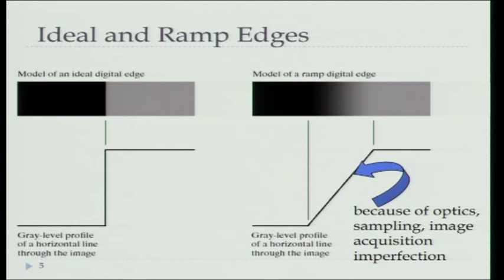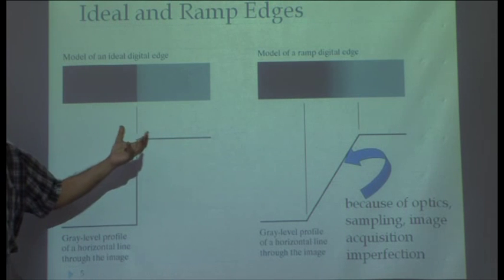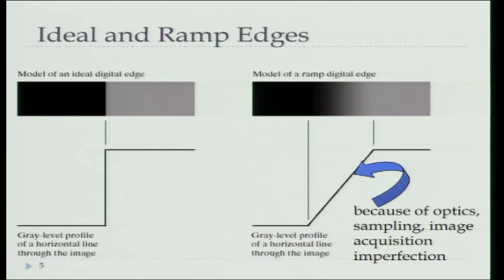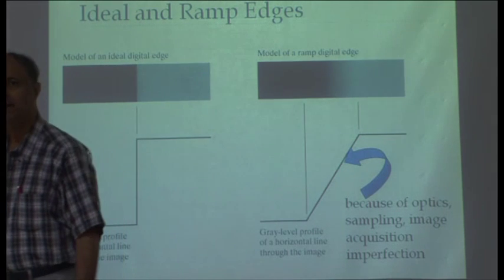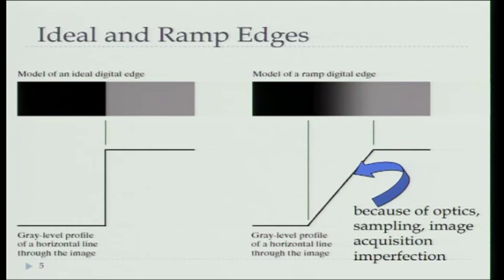In reality you will get something like this: you have the dark image of one intensity, then it gradually changes and finally reaches the next intensity level. So you will find there is a ramp, a slope, indicating the change of intensity levels. Now these changes may not be due to the optical characteristics, but may be due to the processing you have done, say you have applied average filtering to remove noise.